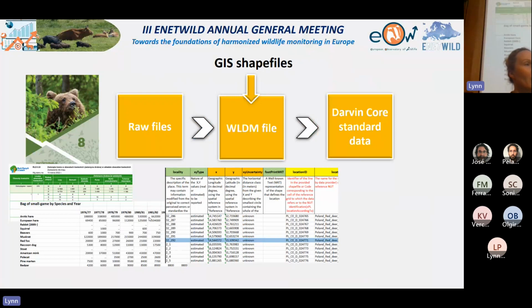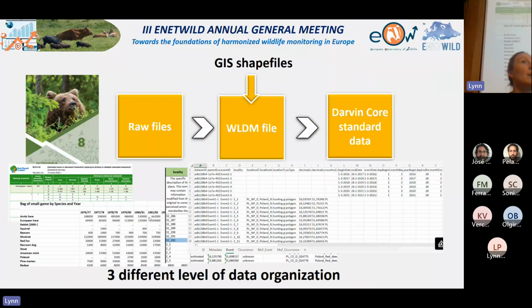But also, something which Joaquin mentioned, just to be clear that everything is at the same level of organization, we decided to try to transfer those data into the Darwin Core standard. So this is the most accurate part where we can get.